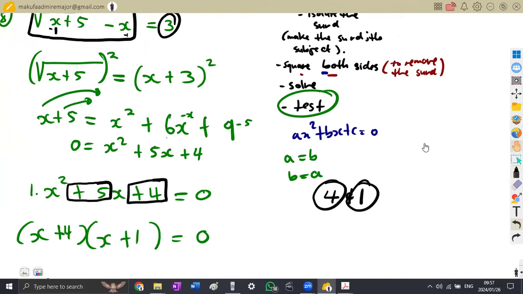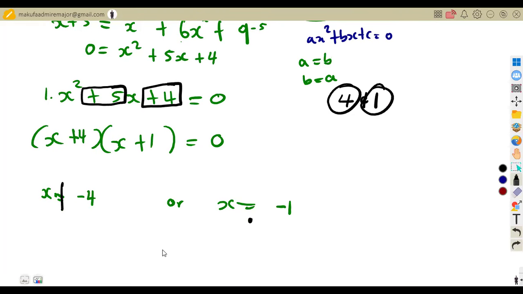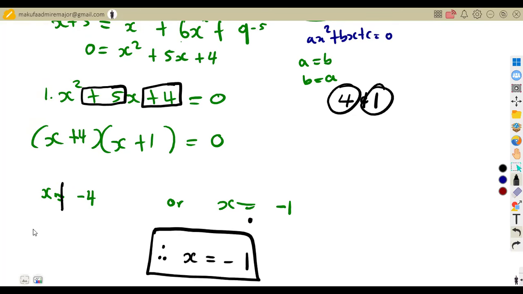So that means x in this case is supposed to be what? A -1. The one that satisfies the equation. So therefore, x is equal to -1, not this one. So here there is no solution on this one. No solution here, or not applicable.